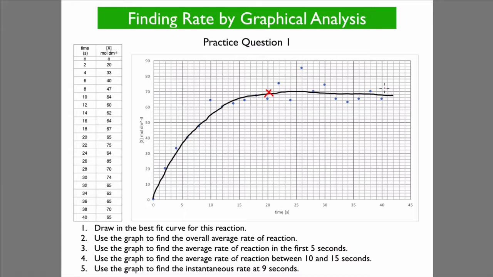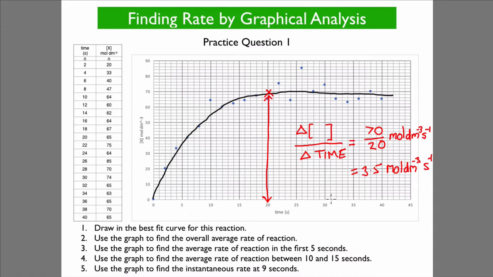And that's why you should use a ruler. So we can look at the change for the concentration, which is obviously 70. We're going to plug it in to our slope to find the rate, and it's 70 concentration, and we've got a change in time of 20, and so we'll do the math at 3.5 moles per decimeter cubed per second.